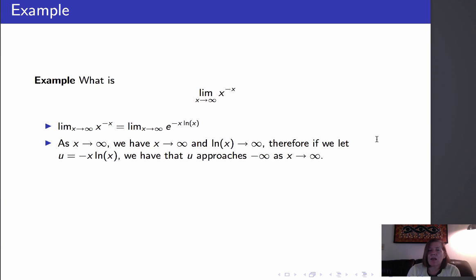So minus x times the natural log of x approaches negative infinity as x approaches infinity. Using that, we can convert our limit to the limit as u approaches negative infinity of e to the u, and now I know immediately that that is equal to 0.